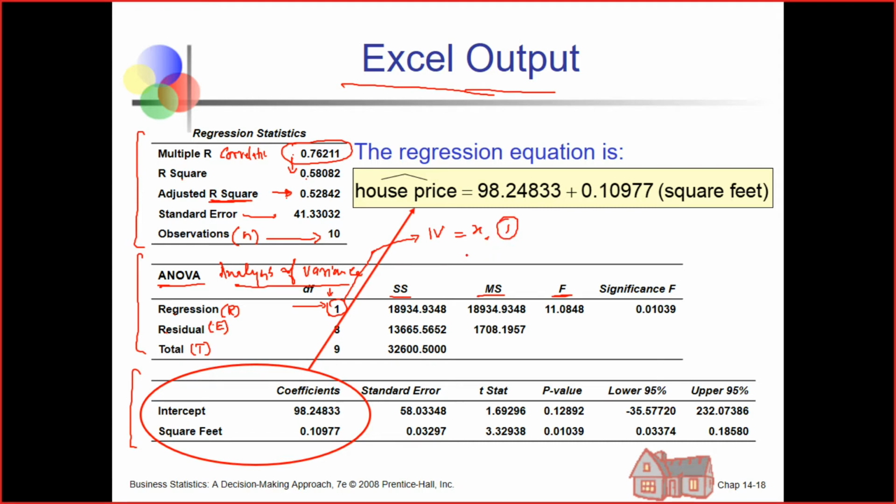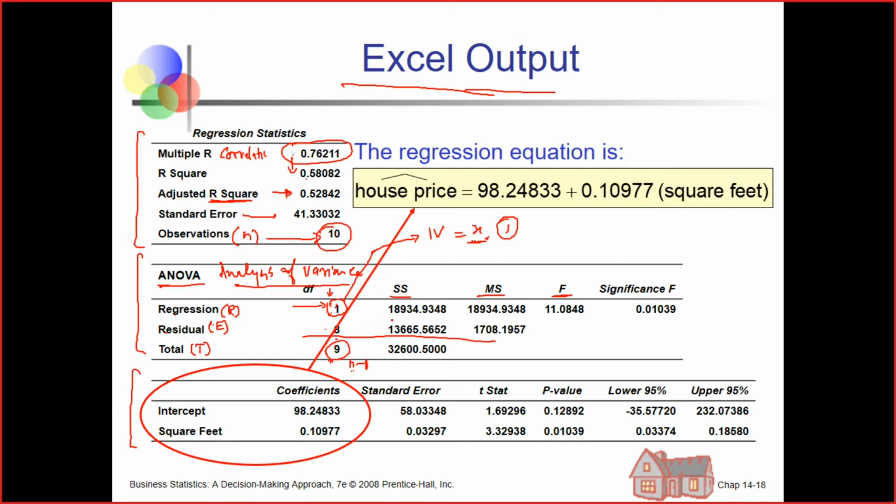When we go to multiple regression, there will be more independent variables, so that will increase. The total is actually n minus 1, right? The remaining values, this plus this, should always be the total. So 1 plus 8 is equal to 9, and it should be equal to n minus 1.